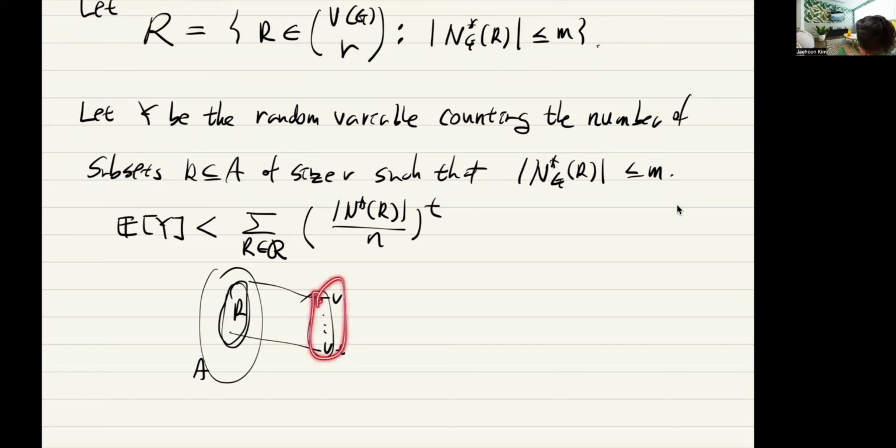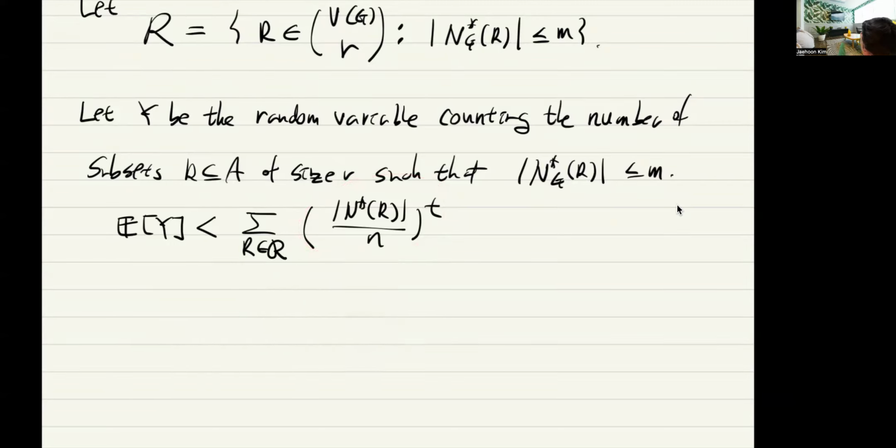Then the common neighborhood of B1 to BT contains this R. And that's the probability here. But in fact, what do we know? Because this is small, this is bounded from above by the size of this curly R times M over N to the T.